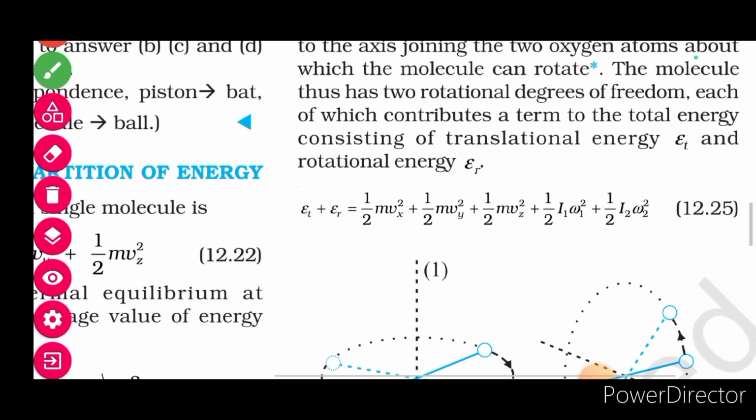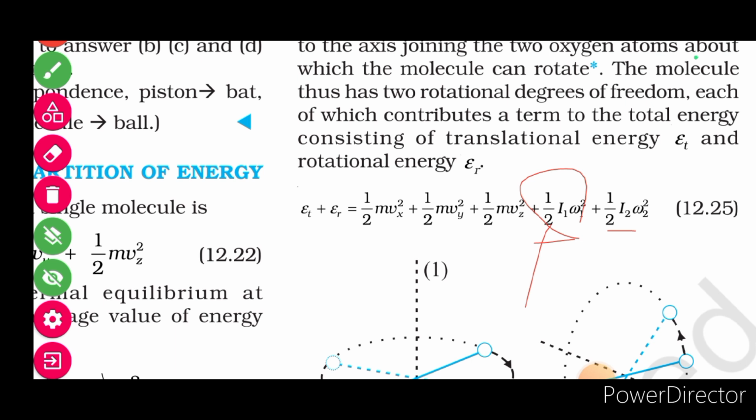So the total energy is epsilon t plus epsilon r, equal to half m vx squared plus half m vy squared plus half m vz squared, and for the rotational part, half I1 omega1 squared plus half I2 omega2 squared. What is I1? I1 is the moment of inertia about that axis.